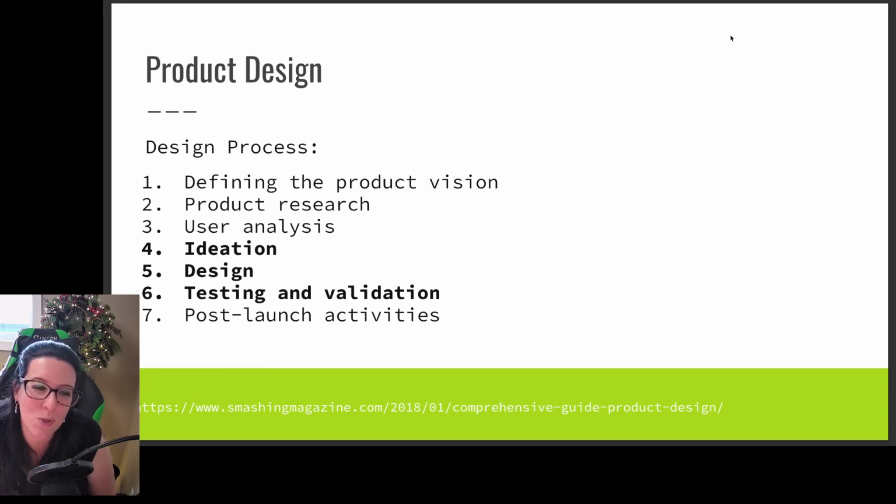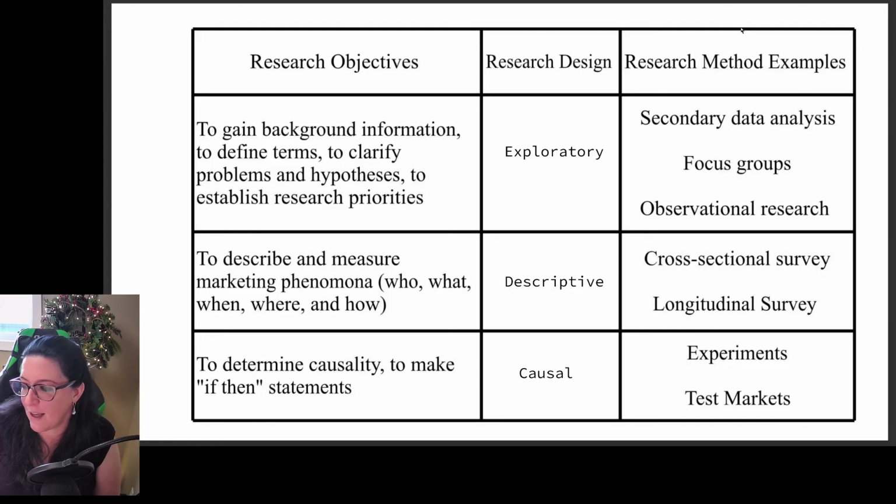And then once we do release the product, we want to evaluate how effective it is. And we can come back to our marketing research in terms of that descriptive type of research where we can survey our customers. How satisfied were you with the product, its features, its price, and so on.